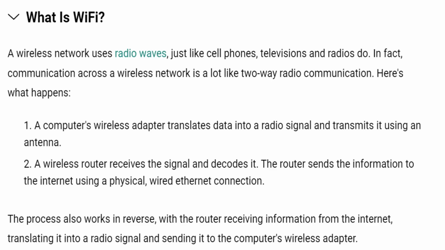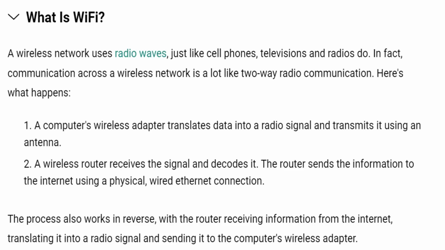So before I go into my theory a little bit, I just want to read out what they say basically Wi-Fi is. It's a wireless network that uses radio waves, just like cell phones, televisions and radios do. In fact, communication across a wireless network is a lot like a two-way radio communication. Here's what happens. Number 1, a computer's wireless adapter translates data into radio signal and transmits it using an antenna.